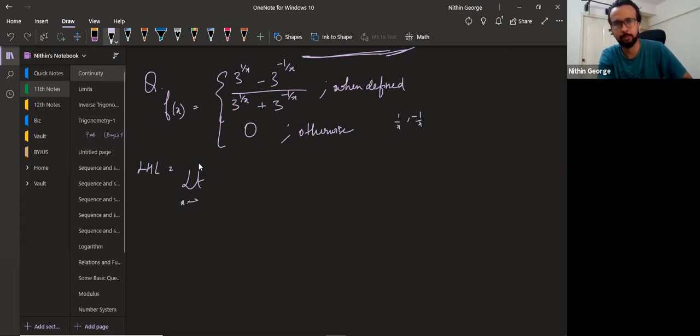So x tends to 0 minus will be LHL. So this is a function here. Right? Because you're not putting the value 0. You're putting the value 0 minus. So this function will be defined. So it will be 3 power 1 by x minus 3 power minus 1 by x. So that will become, okay, I'll just put it that way.